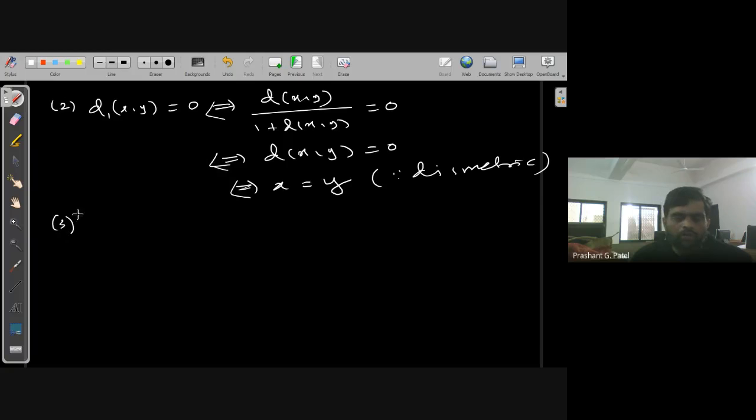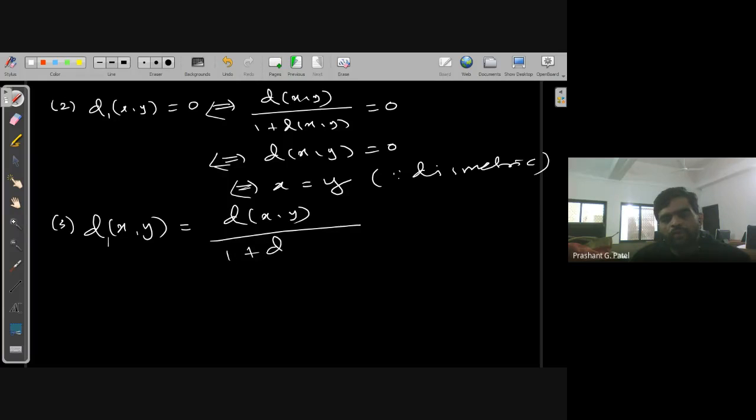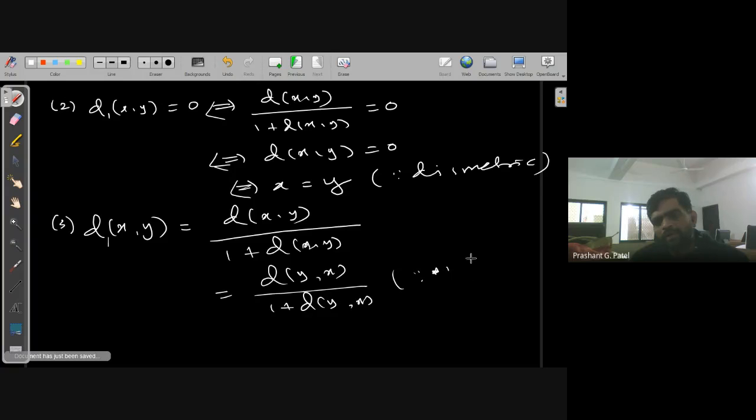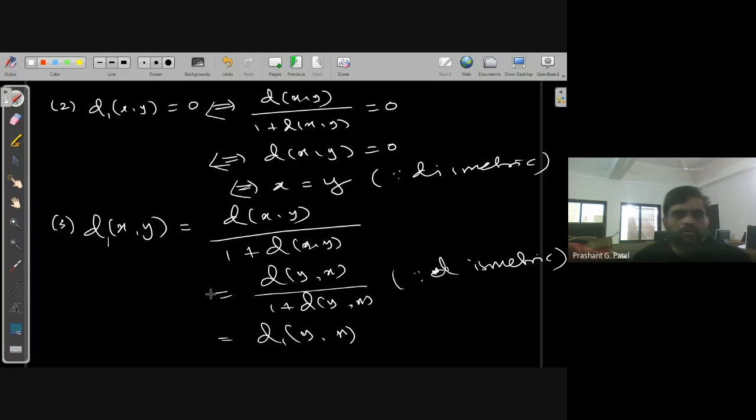The third condition, that is d1 of xy is the same as d1 of yx. But d1 of xy is the same as d of xy upon 1 plus d of xy. And since d is a metric, we can say that this is d of yx. Again, same argument, because d is a metric. And so this is equal to d1 of yx. So the third property is also satisfied.